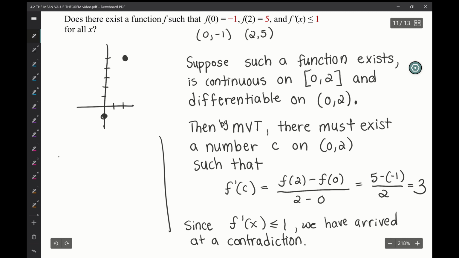Therefore, such a function does not exist.